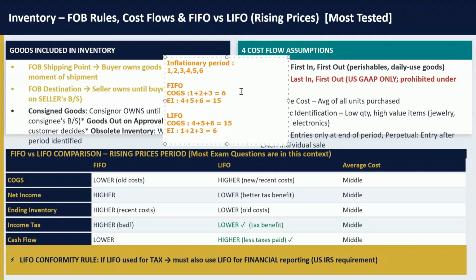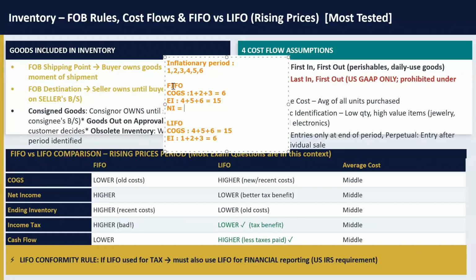Now let me ask you a question. This being the case, what impact do you have on net income? You can tell me whether it is highest or lowest in FIFO, and in LIFO also. What is the net income under FIFO and LIFO in the inflationary period?